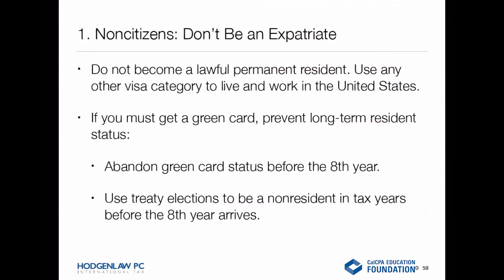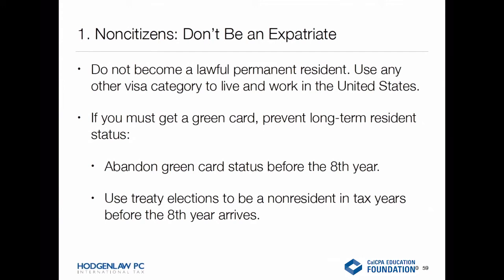For non-citizens, there's an easy solution here. You can just not be an expatriate. The easiest one is never get a green card. Don't become a lawful permanent resident. You can use other visa categories to live and work in the United States.